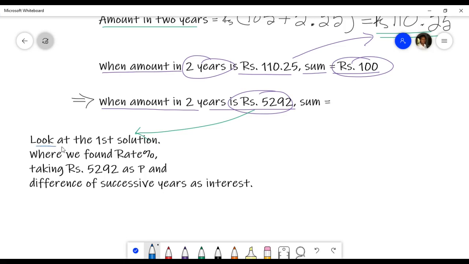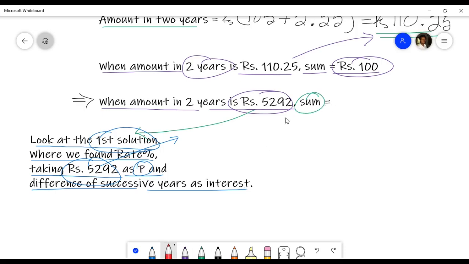When amount in 2 years is rupees 5292, that is, look at the first solution where we found the rate percent taking 5292 as principal and the difference of successive years as interest. You can go back and see the first solution. So when amount in 2 years is rupees 5292, the sum will be how much? That's what we have to find.